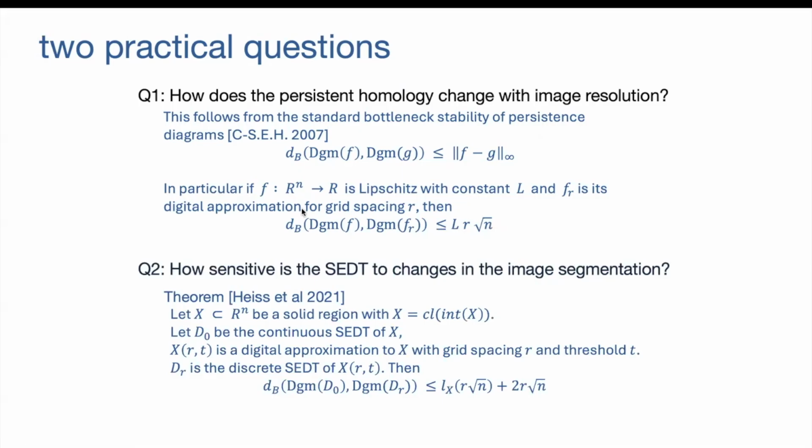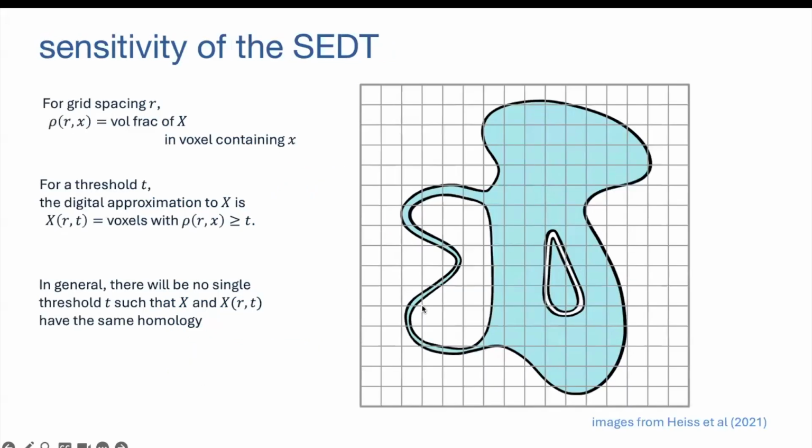And then how sensitive is that distance transform to changes in the segmentation? We had to build a model of what that process was of segmenting and then computing a distance transform. That model I will describe here. So I guess the fundamental problem is that each pixel or voxel here represents.